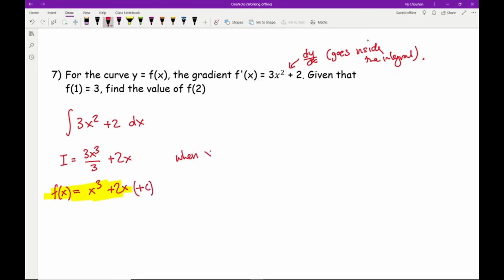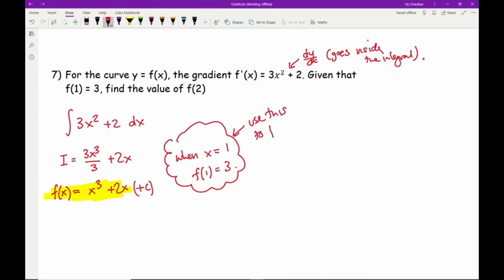So when x equals 1, f of 1 equals 3. Using this, we're going to find c. So I've got 1 cubed plus 2 of 1 plus c equals 3.